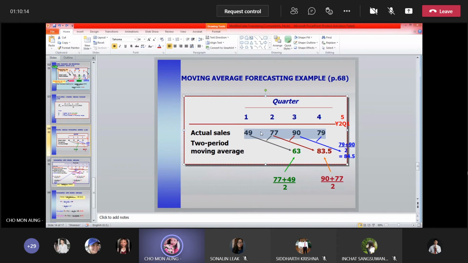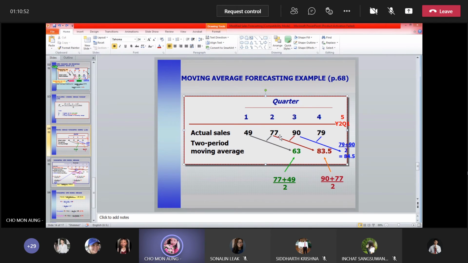Therefore, we use period 1 and period 2, so we will be able to estimate for period number 3, right? Since we find the average, we need at least 2 data points, isn't it? So F(T+1) will be F3. F3 is S(T), 77, plus S(T-1), that is 49 here, over 2 quarters. This average is the forecast for quarter 3.